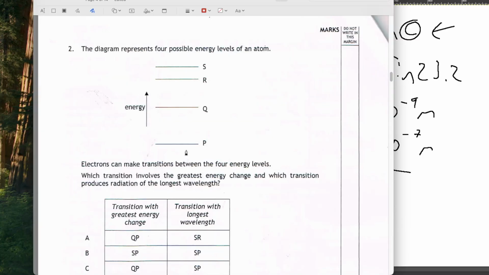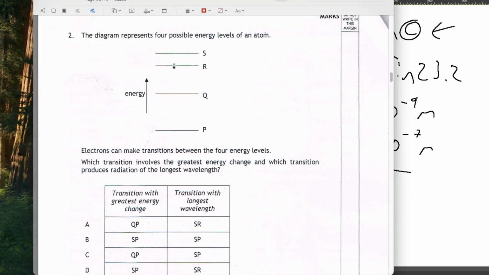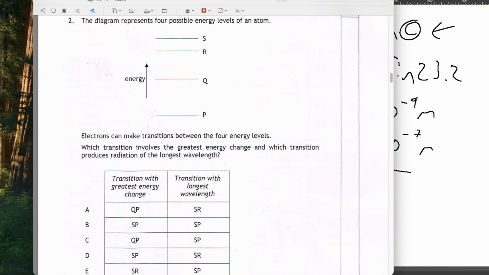Okay. Moving on. 2. The diagram represents 4 possible energy levels of an atom. So we're thinking electrons can drop like this, and also the smaller drops. Electrons can make transitions between the 4 energy levels.